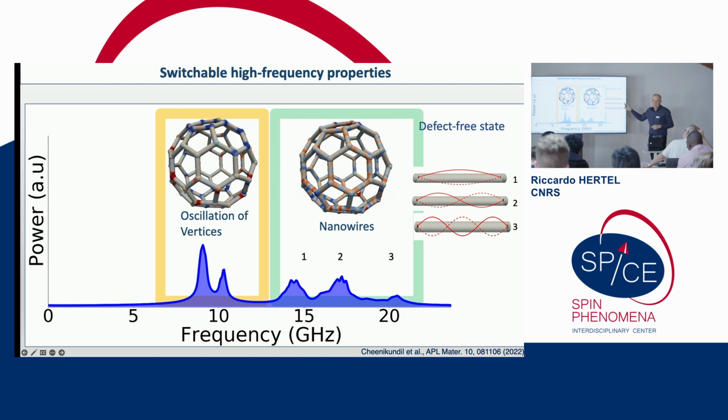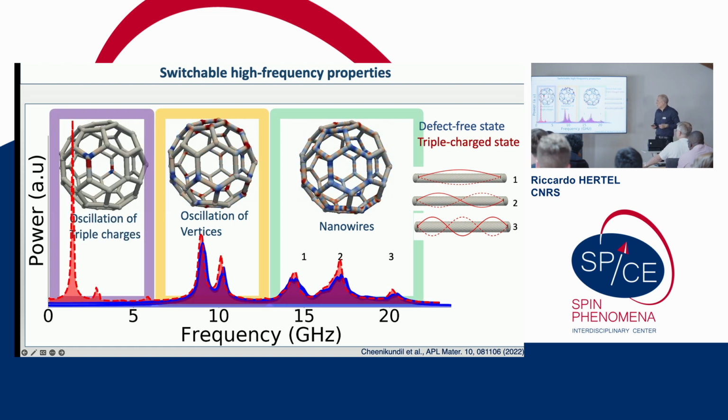The boundary conditions are not exactly as described here. It's a little bit more complicated. But we get these first 3 modes here, and oscillation peaks that can be ascribed to the vertices. And that is for the case of the defect-free state.